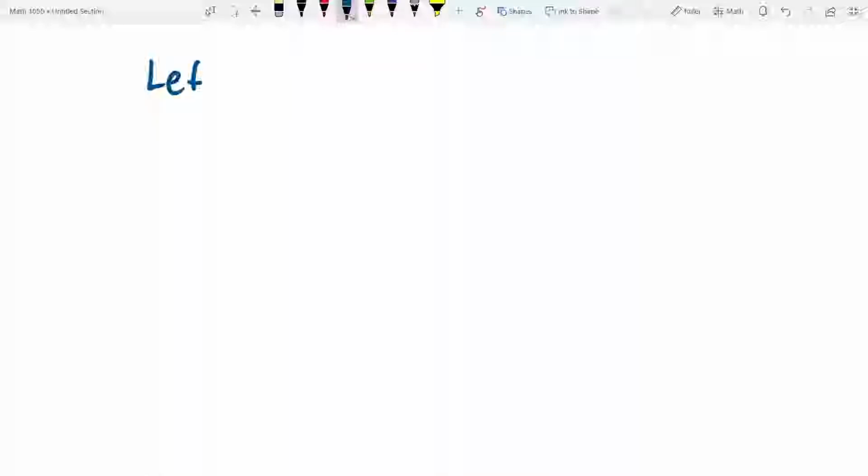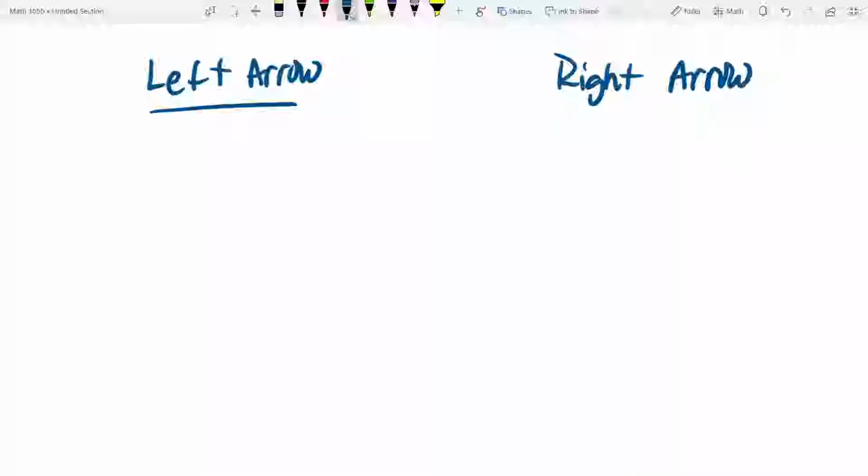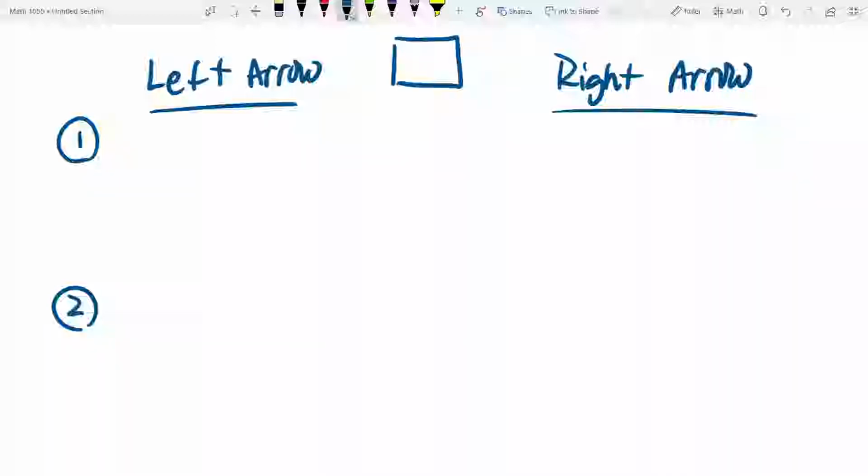Okay, so do one more thing. Write down left arrow, and then off to the side, I want you to write right arrow. So you have two options for the left arrow, both of which point to the left. Look right here. Here's your box. Left up, left down. So one option is that. The other option is that.